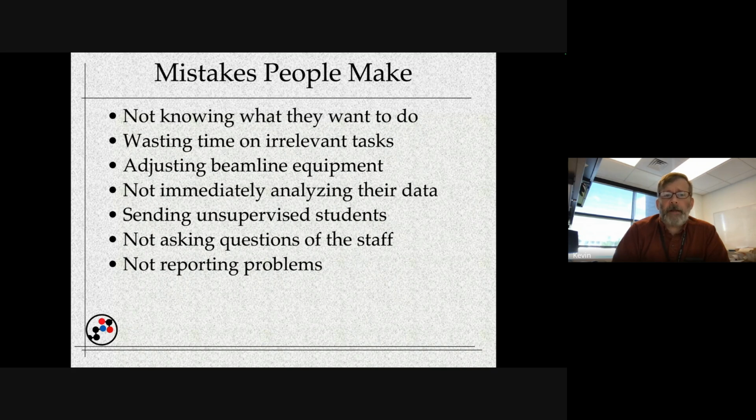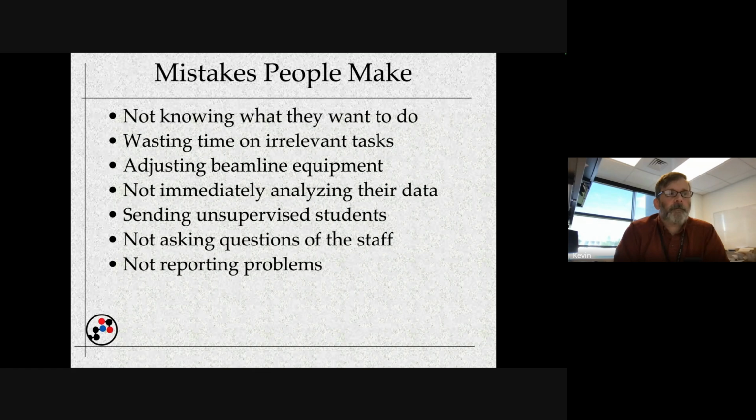I think the last thing is just not reporting problems. A lot of my job as the beamline scientist is to provide the facility to you, the users, so that you can do the experiments.